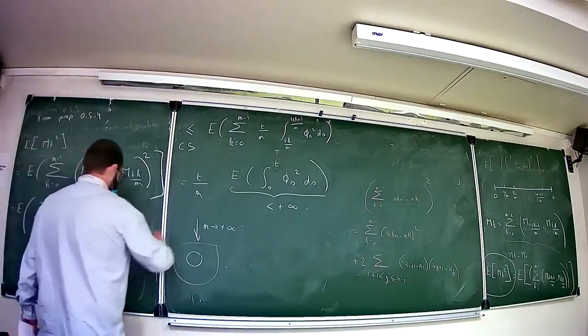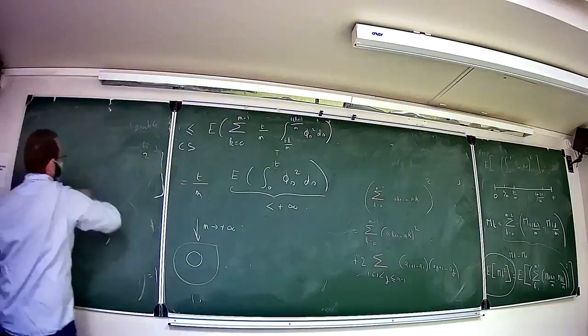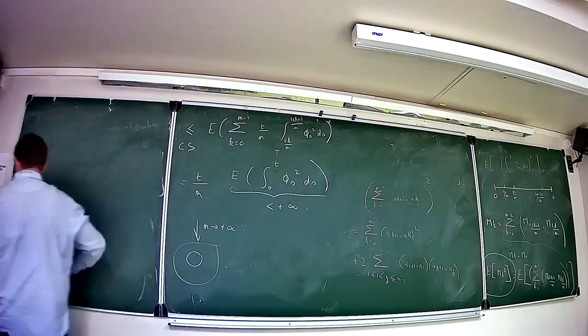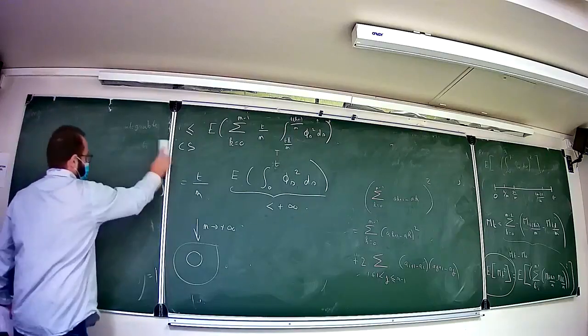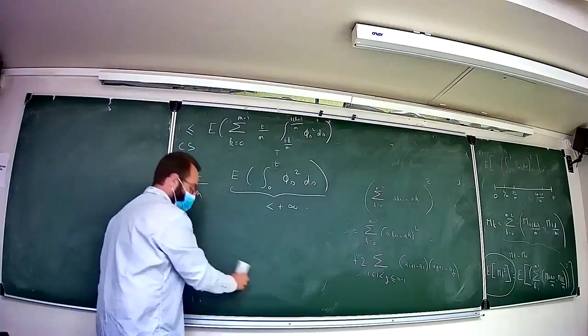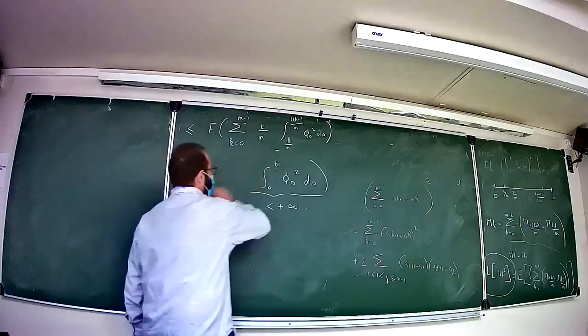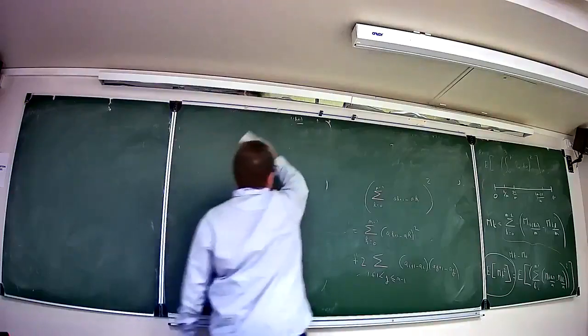I erase everything. We are going to state a result, and it will be the only time in this course where I will use what we call the Doob inequality.